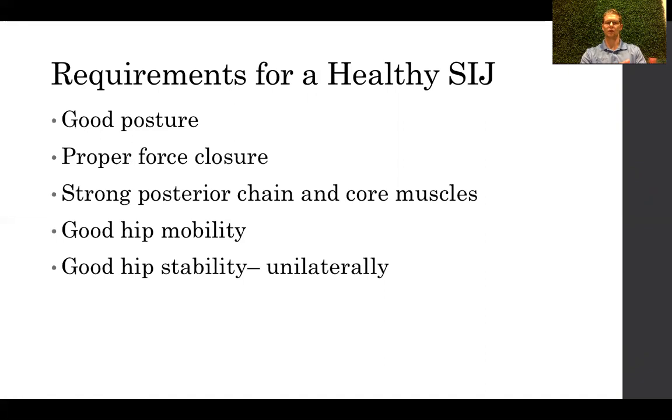Some things that do provide stability around the SI would be proper force closure, which we'll talk about later, and a strong posterior chain and core muscles, so more of the form and force closure together. Also good hip mobility, and good hip stability, especially unilaterally. We'll give an example with a lunge later on that shows why you need to have good hip stability.